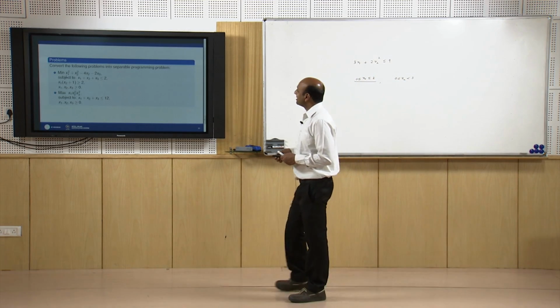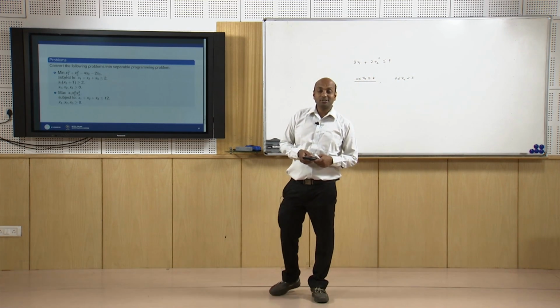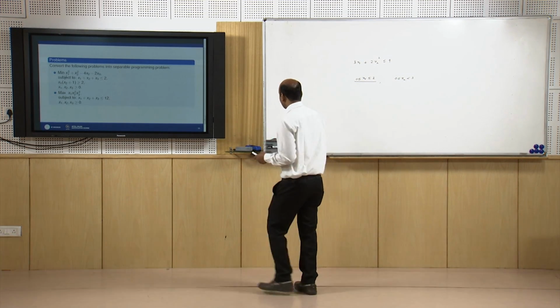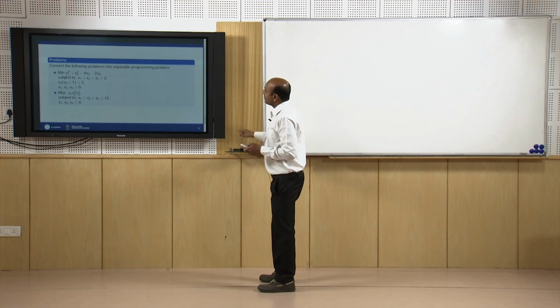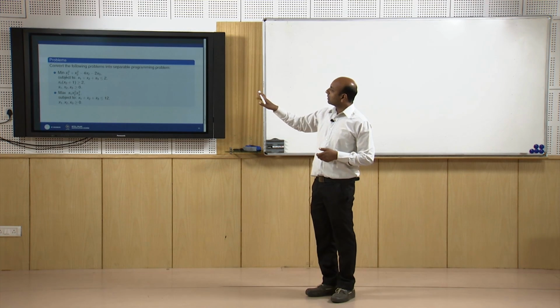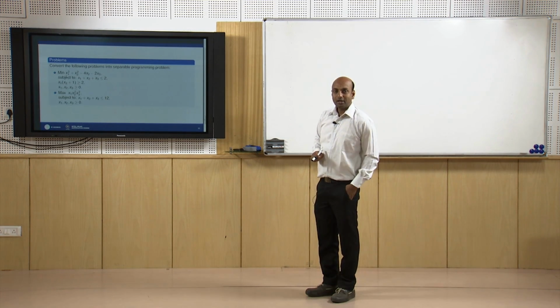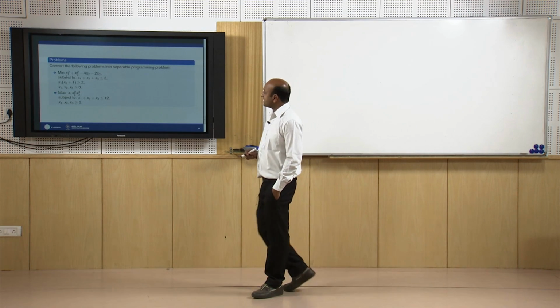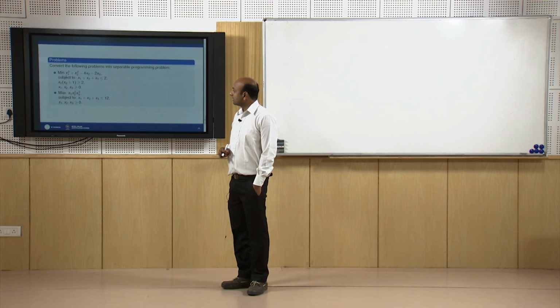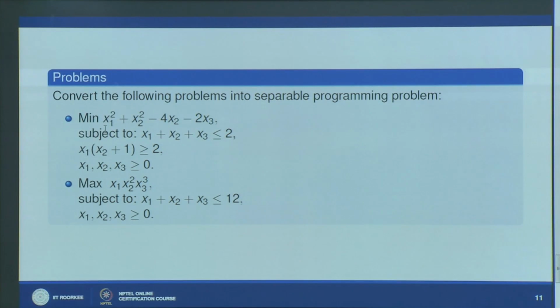Now, some problems which appear not to be separable can be made separable. How? Let us see. We have the first problem, minimizing this function. You can easily see that the function is separable, because you can make f1 x1 as x1 square, f2 x2 as x2 square minus 4 x2, and f3 x3 as minus 2 x3.